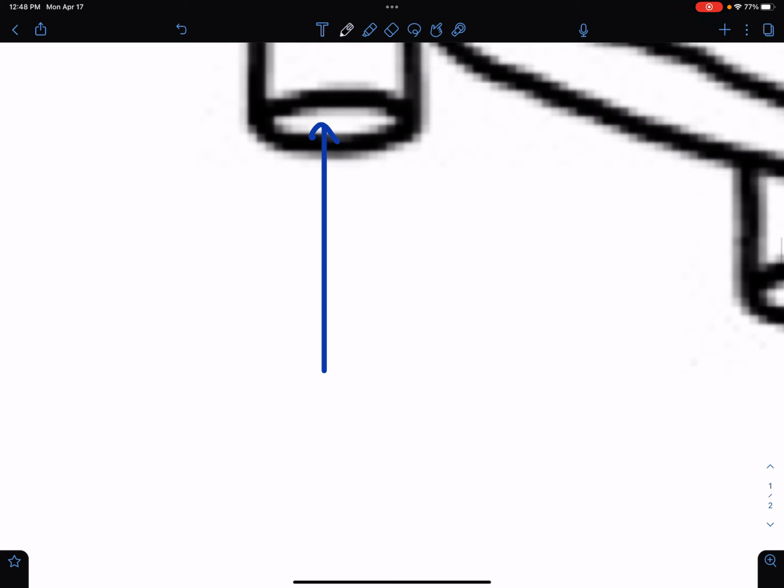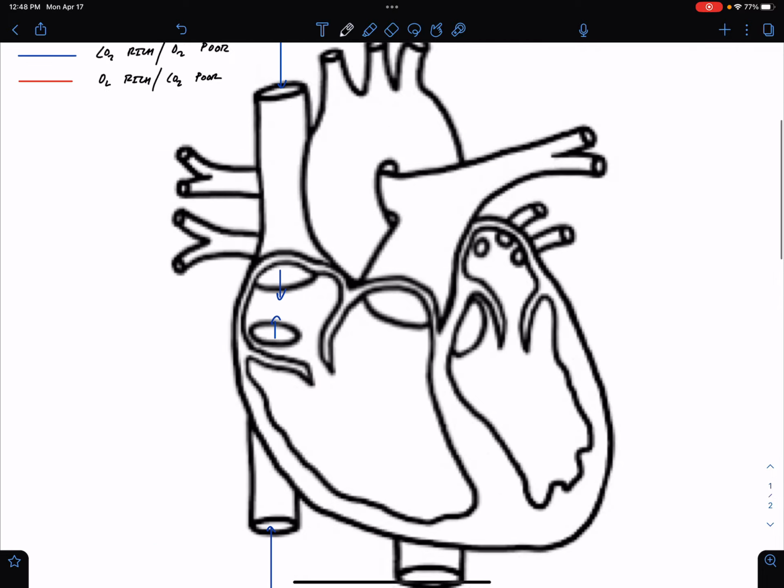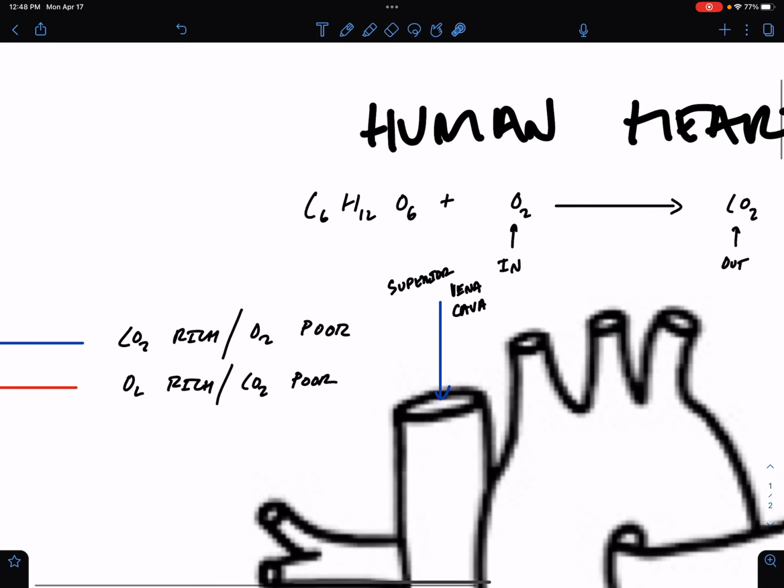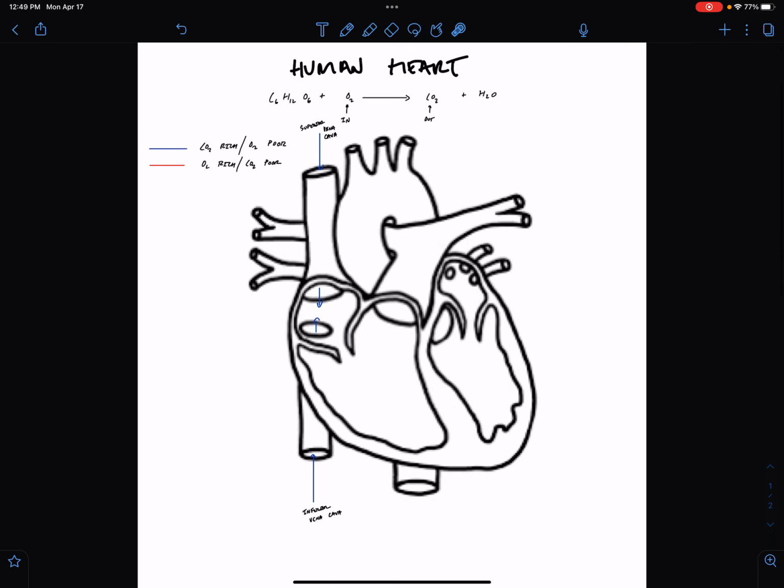They are called the inferior vena cava and superior vena cava. This one is called superior because it's much better. Just kidding.